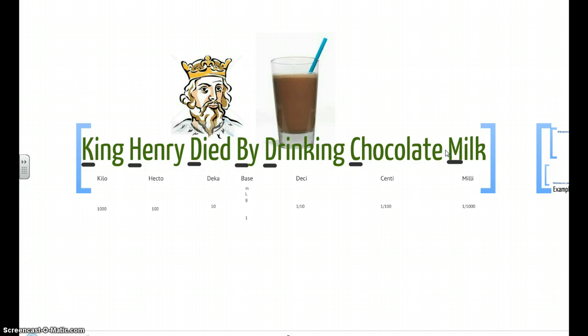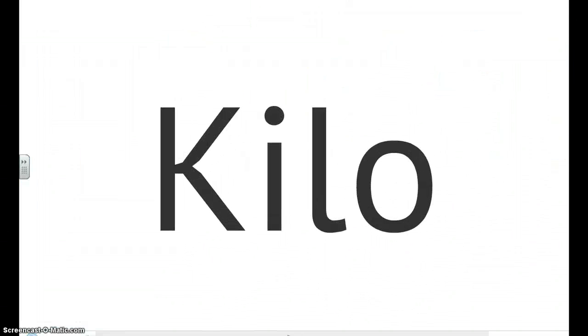I'm going to use this device to help me manipulate numbers from one metric conversion and move them easily or convert them into another metric unit. So whenever I'm talking about this King Henry died by drinking chocolate milk, each of these first letters you'll notice are underlined and each of those letters stand for a different unit or metric conversion.